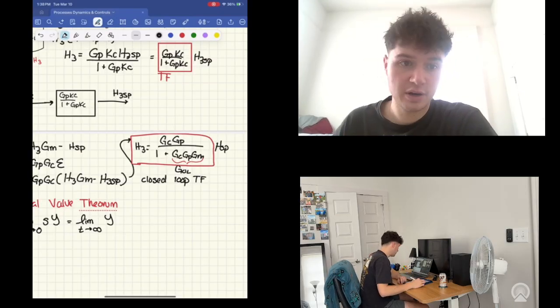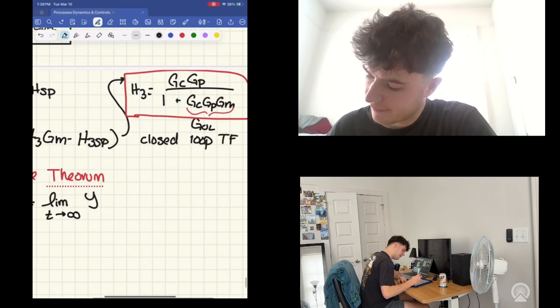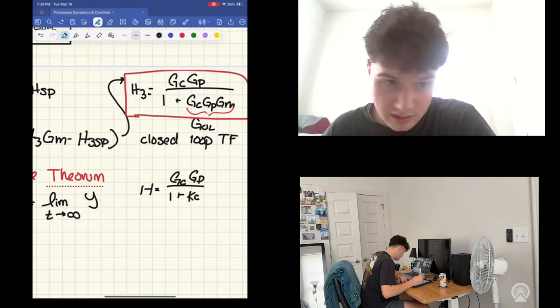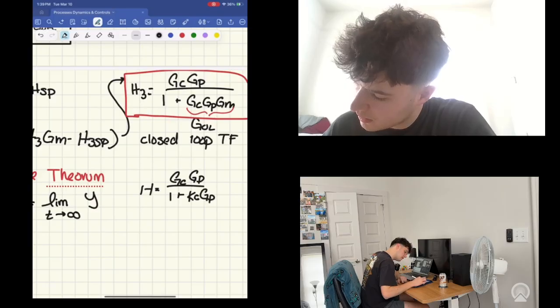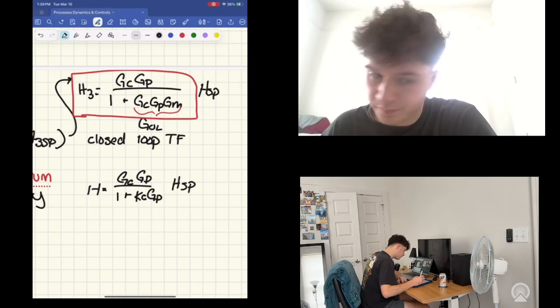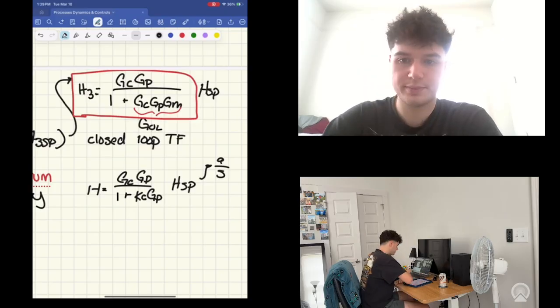From here, we are going to use the equation that we used above. We will say H is going to be equal to GCGP over 1 plus KCGP, multiplied by HSP. And then we can rewrite this as A over S.